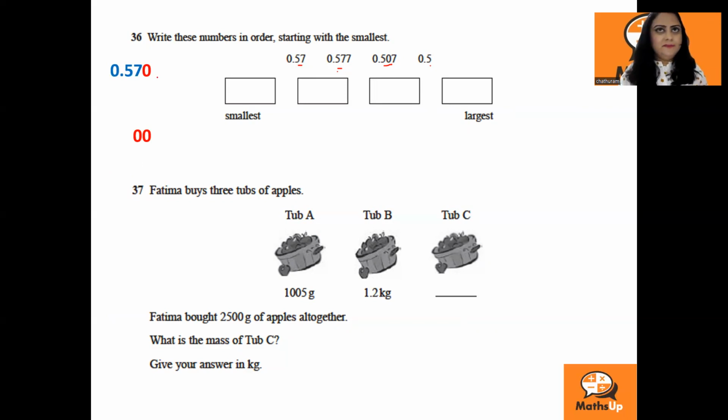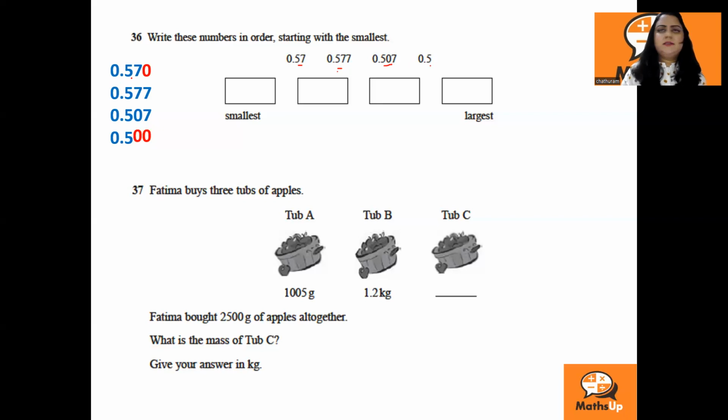Don't worry, value will not change. Then the next one, you can write it as it is, 0.577, because there are 3 decimal places. And the third number, 0.507, you can write as it is because there are 3 decimal places. And the last one, 0.5. So if you write 0.500, that is also okay. Now all the numbers have 3 decimal places.